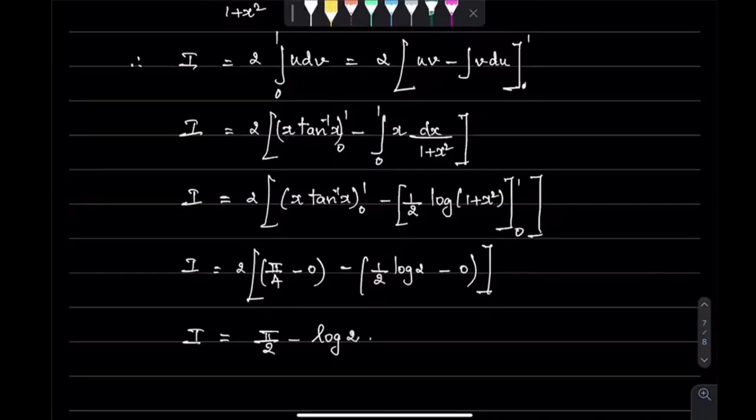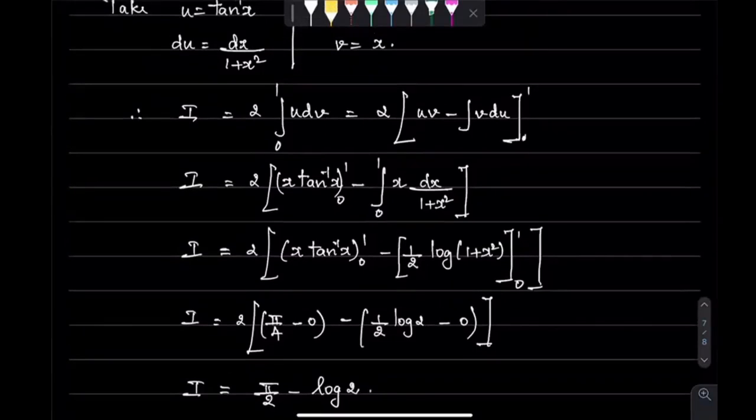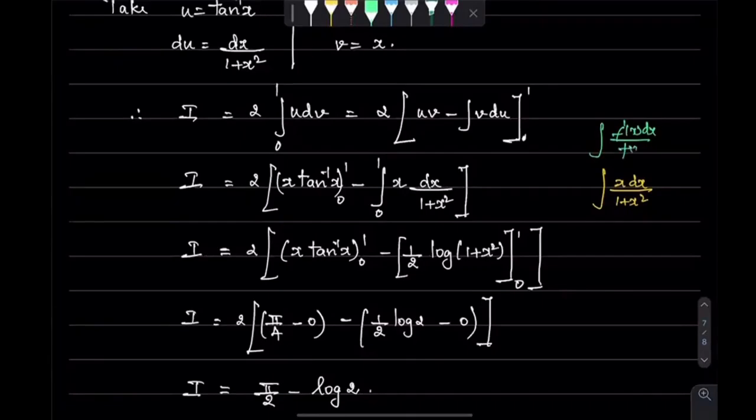Easy. So I'll repeat whatever I've done here. Here I've done the UDV method. So you should know that this is of the form integral x dx divided by 1 plus x square. The derivative of the denominator is there in the numerator. It is of the form integral f dash of x dx divided by f of x, right?